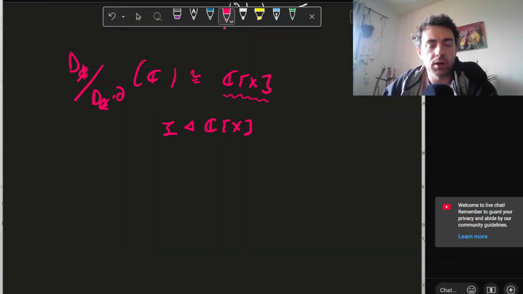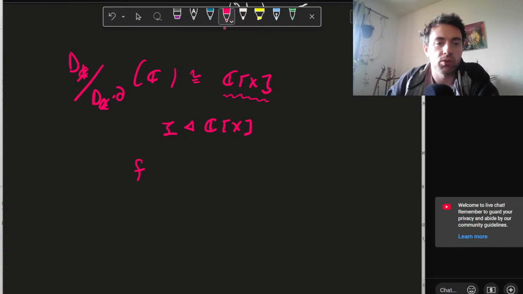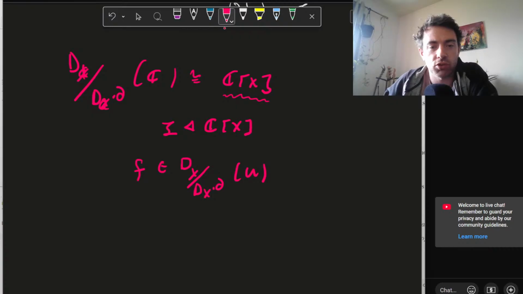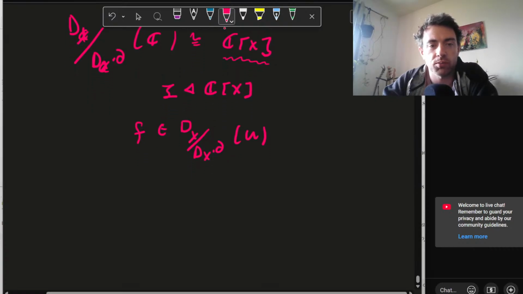It doesn't even matter so much that it's an ideal, but just suppose that we had some non-zero F, and if I'm being careful with my notation, I should suppose this is some F over some open set.